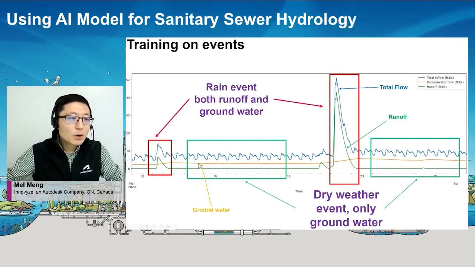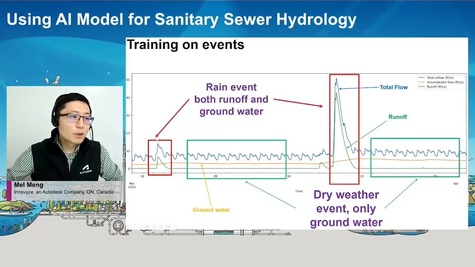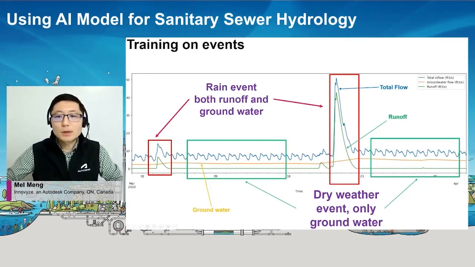So although we're not training on the data during the rain event, we're not ignoring the rainfall from these events. They're still used. So we can train only on dry days without missing the rain events for the groundwater. Those are the last ideas we can try to improve the results.